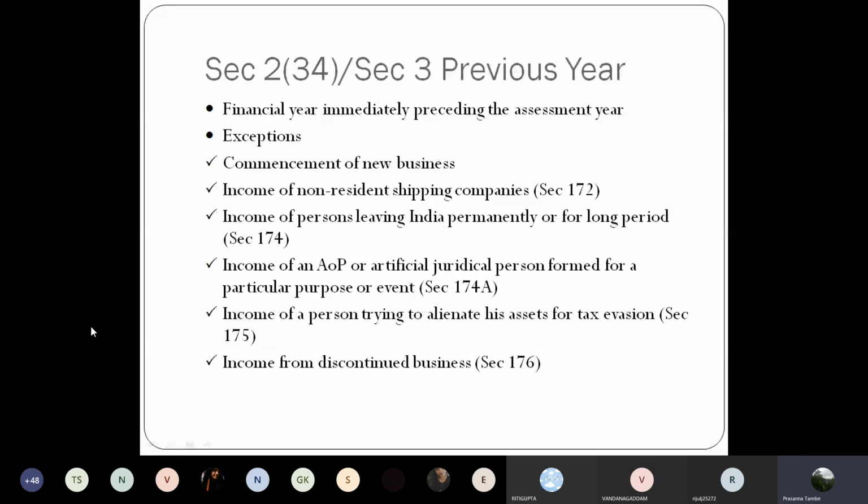The provision says you have to refer to the relevant assessment year. So apply the provisions of given assessment year. And how to compute the tax liability? Again, apply the tax rates for given assessment year. So this is how the two things, previous year and assessment year, are interrelated.